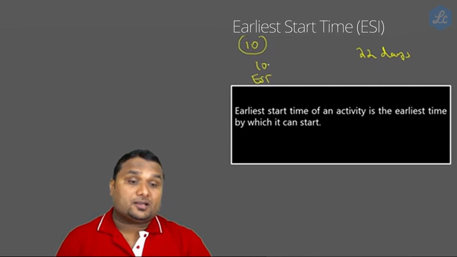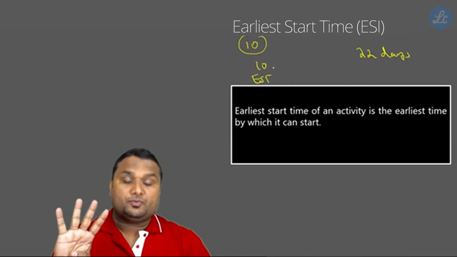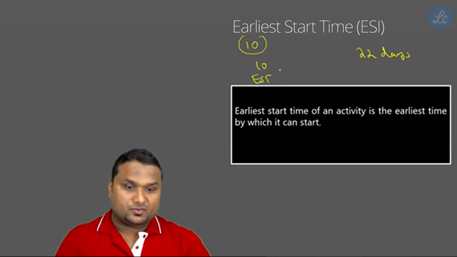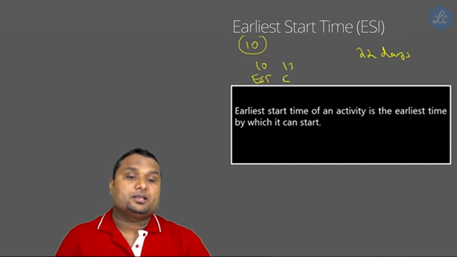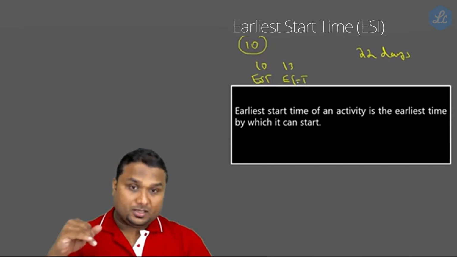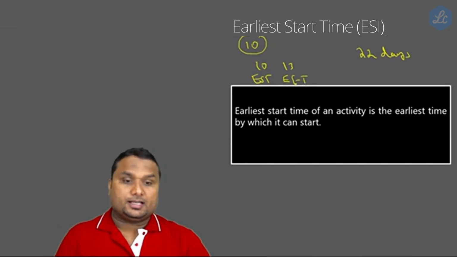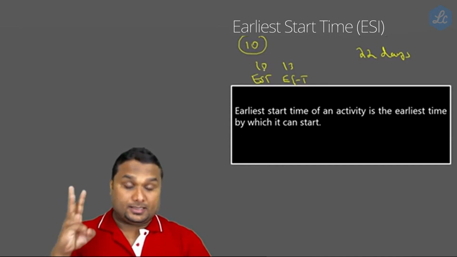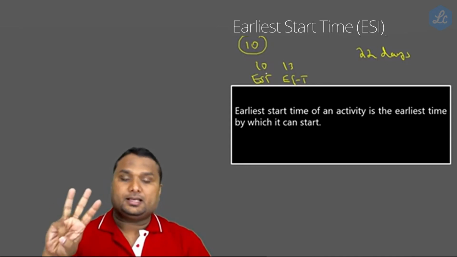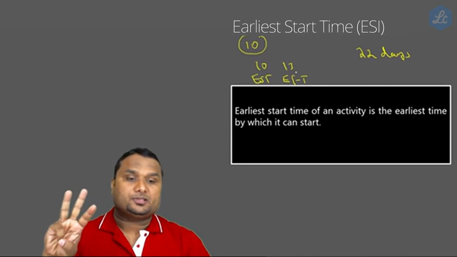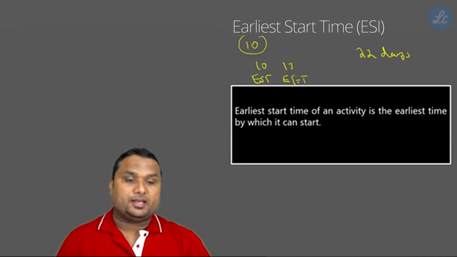If we start on the 10th day, the painting job, which is a 3-day process, will be finished on the 13th day, which is called the earliest finishing time. So 10 plus 3 is 13. So the painting job will be finished on the 13th.